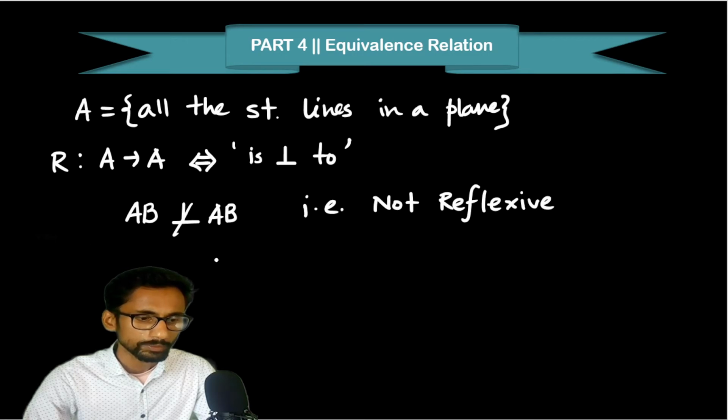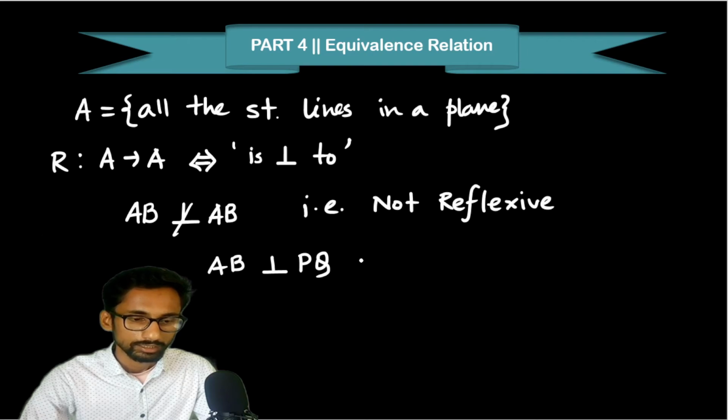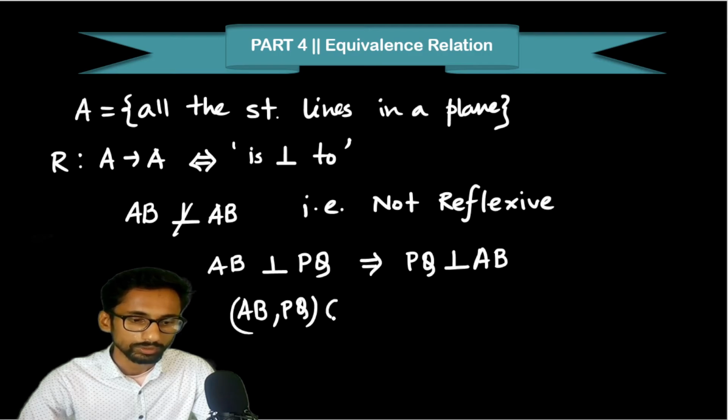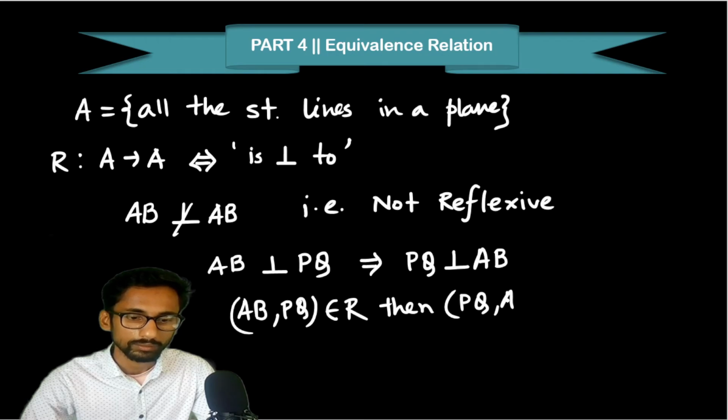Now, if we say that AB, any particular line from the set A, is perpendicular to PQ, another line from set A, then we can also say that PQ is perpendicular to AB. So if AB comma PQ belongs to R, then PQ comma AB will also belong to the given relation. That means the given relation is symmetric.